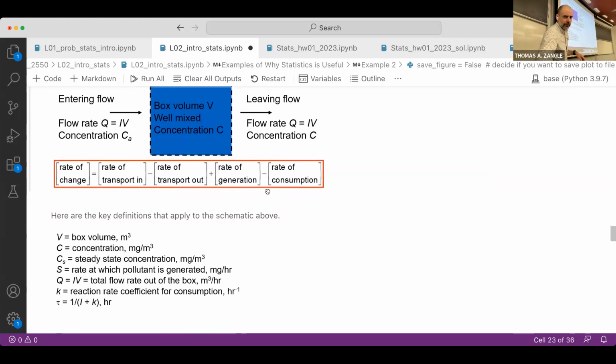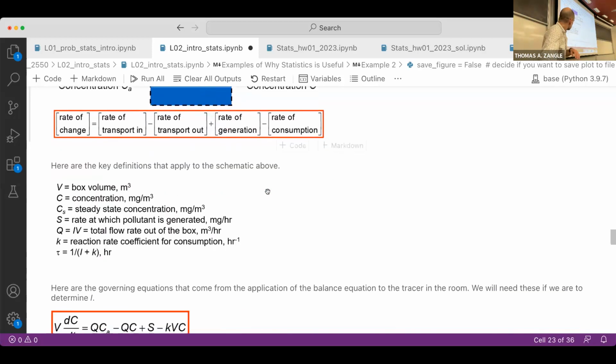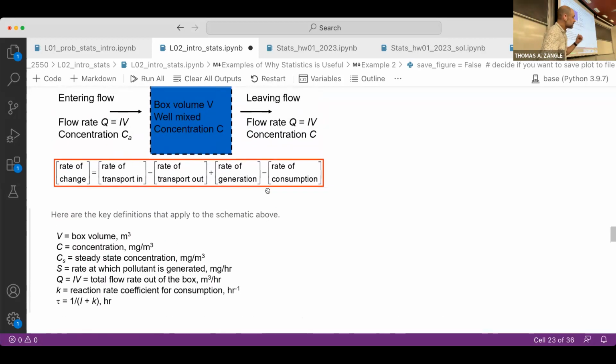Here we're just defining all the variables in that expression. The emphasis here is really not on derivation of this kind of thing, but on how we can interpret models using statistics. So we're not going to dwell on this.